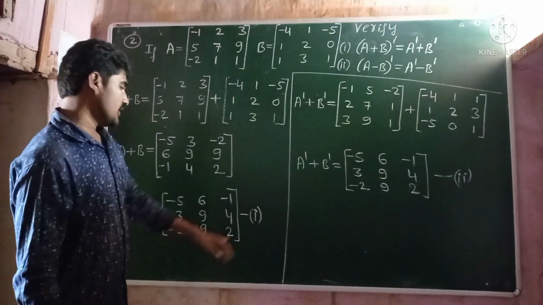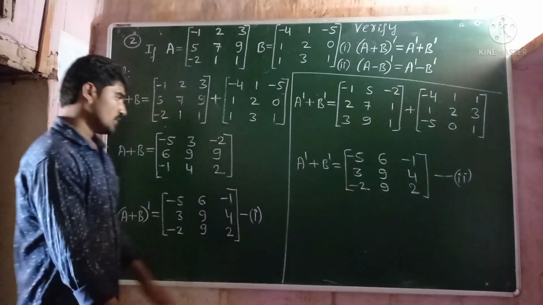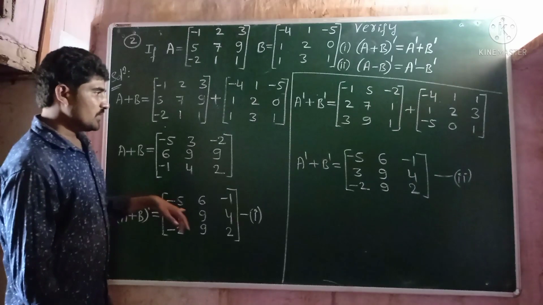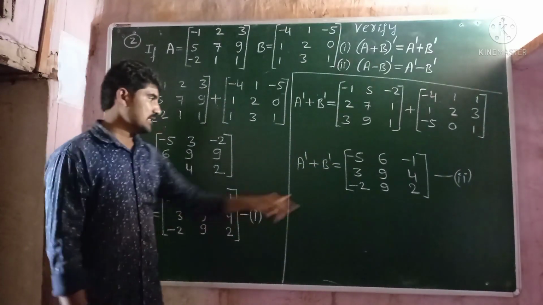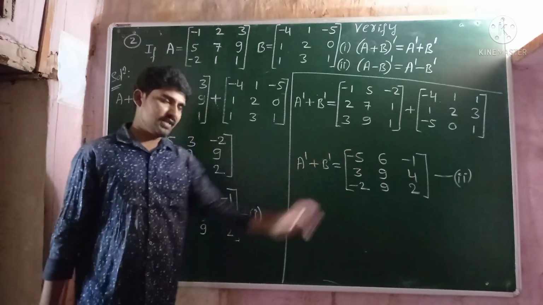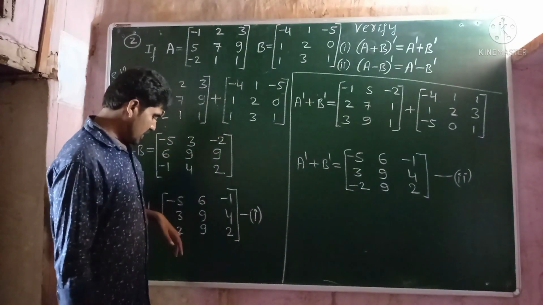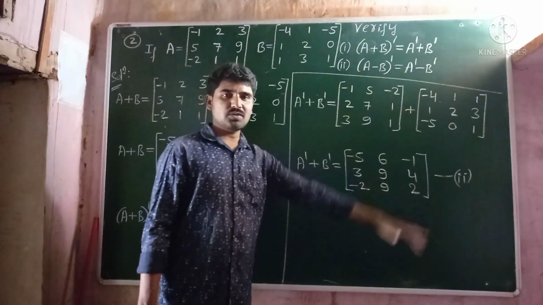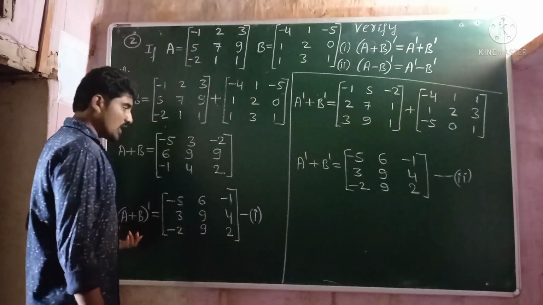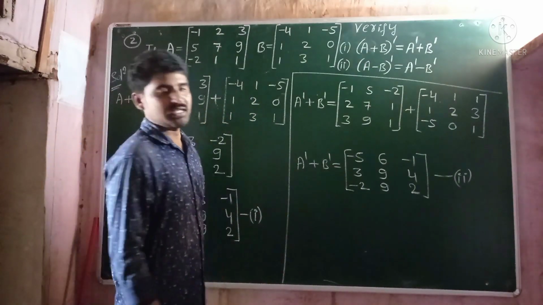On comparing equation 1 and equation 2, -5, -5, 6, 6, -1, -1, 3, 9, 4, 3, 9, 4, -2, 9, 2, -2, 9, 2. Therefore, A plus B whole dash is equal to A dash plus B dash.